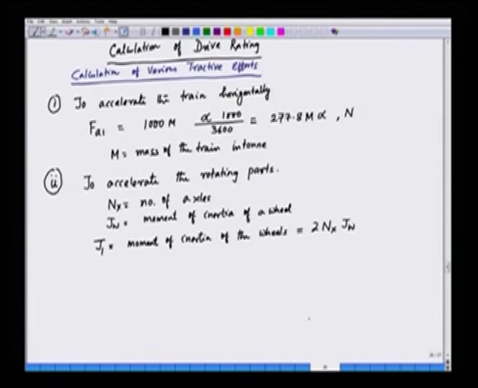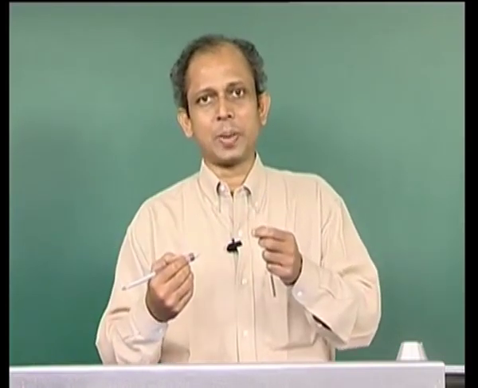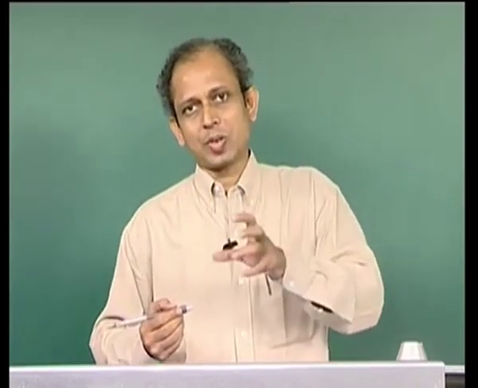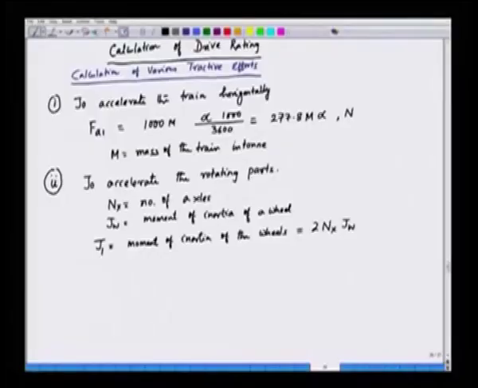And then let us try to find out the moment of inertia of the motors. Say for example, we have n number of motors and each motor is connected to the wheel by means of a gear, and the torque is transmitted from the motor to the wheel. So there is a transmission mechanism there, and we need to find out the effective inertia, the equivalent inertia under this geared condition. So we have the following parameters with us.